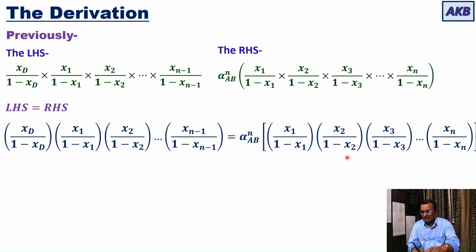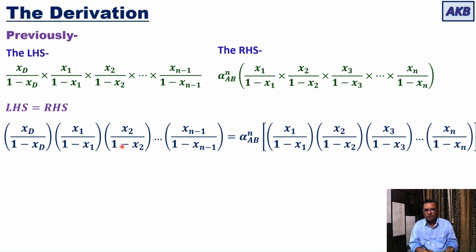You'll come to know that all the terms except the first one on the LHS, which is xd upon 1 minus xd, and the last one on the right hand side, which is xn upon 1 minus xn, are going to get cancelled, because they are present on both sides. For example, x1 upon 1 minus x1 is present on the left hand side and it is also present on the right hand side, so that will get cancelled out.